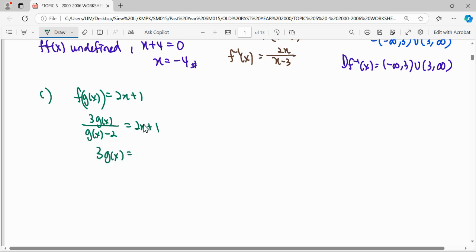So we do the cross multiplication. g(x) times 2x, g(x) times 1, then negative 2 times 2x, negative 2 times 1, and we collect all the g(x) terms.